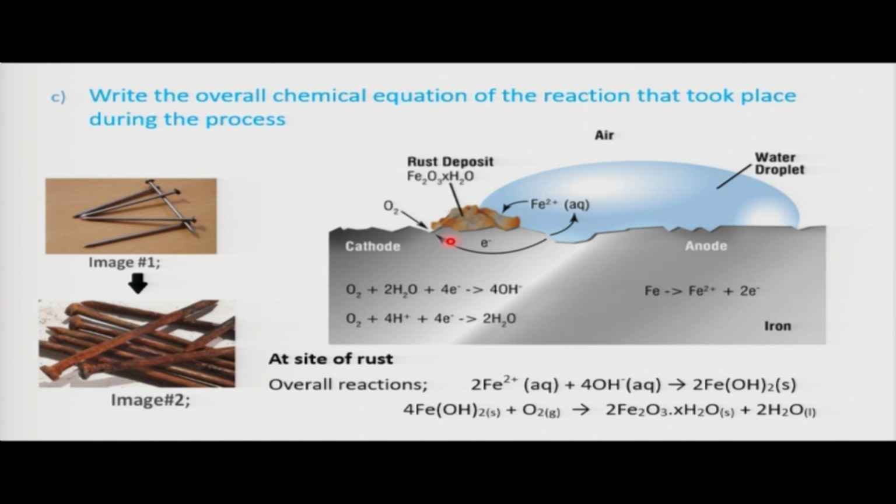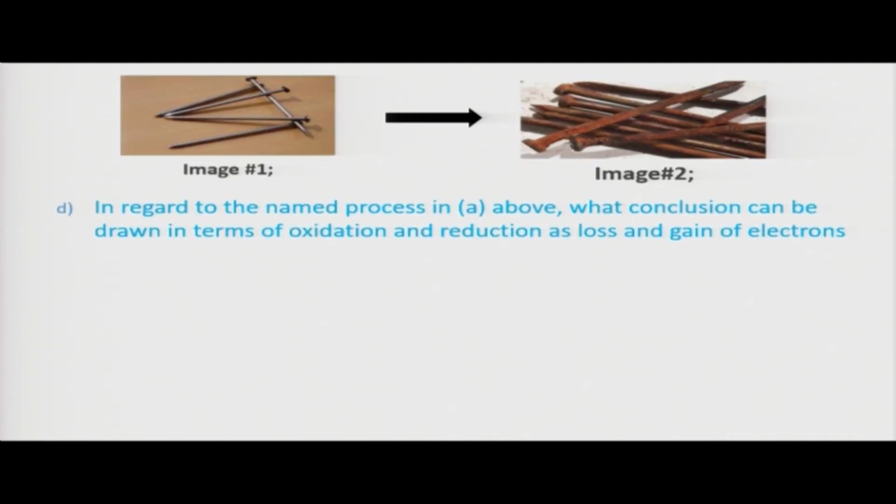A few things you're noticing. We are losing electrons from iron metal, and the electrons are being taken by oxygen to form the rust that you see. So the whole process of rusting is an oxidation and reduction reaction. And that is taking us to the last part. What conclusions can we draw?